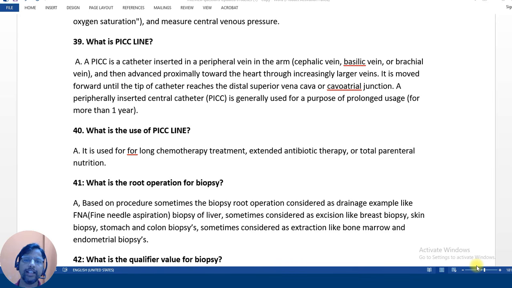In the peripherally inserted central venous catheter, the physician will insert the catheter in the cephalic vein, basilic vein or brachial vein, which are in the arm, and then advance proximally toward the heart through increasingly larger veins. If the patient wants to use the catheter for a longer duration, he will use this PICC line.